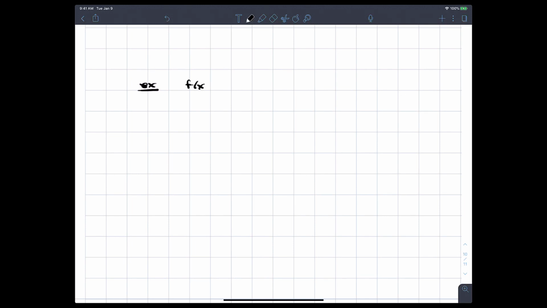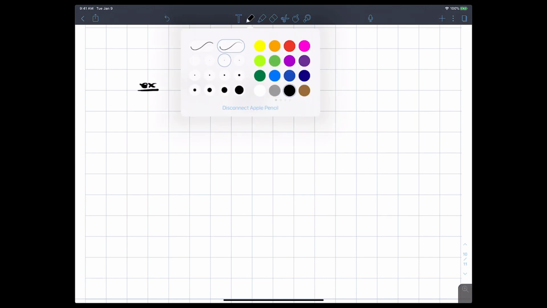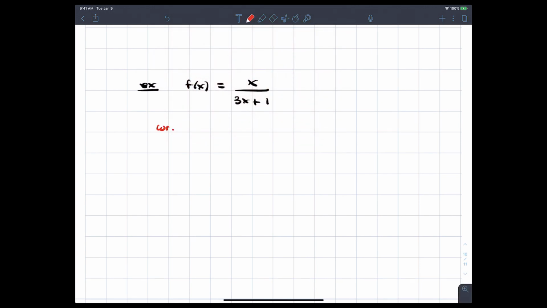They're going to say, here's a function: x over 3x plus 1. Now, I'm completely making this up right now. I'm just looking at your book, trying to start with a function, and they're going to say, write the power series expansion.